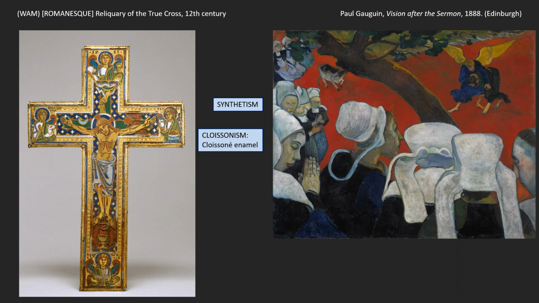And so just as an enameled cross here from the 12th century up in the Walters Art Museum has those fields of green around Christ's arms, the sun and the moon, you'll notice that each of them is surrounded by a bit of metal because that's containing the enamel, right?